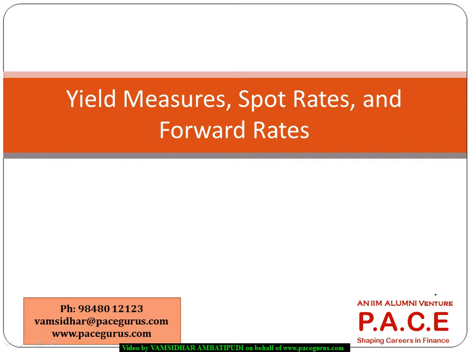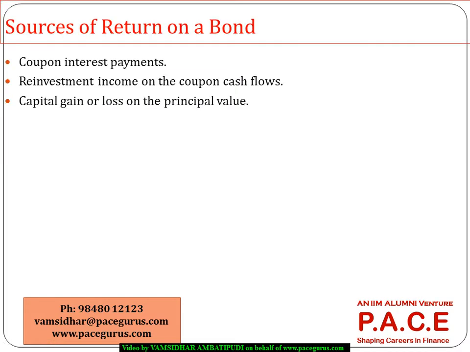How do I use spot rates to evaluate the worthiness of the bond? Or along with that, if I have the bond rates, how do I compute the spot rates based on the various bonds that are available? How do I come down to the calculation of the spot rates and something like that? So we'll look at those various calculation aspects involved in this.